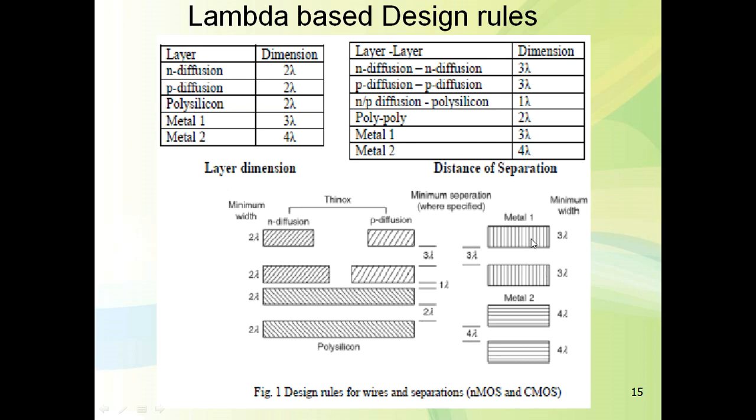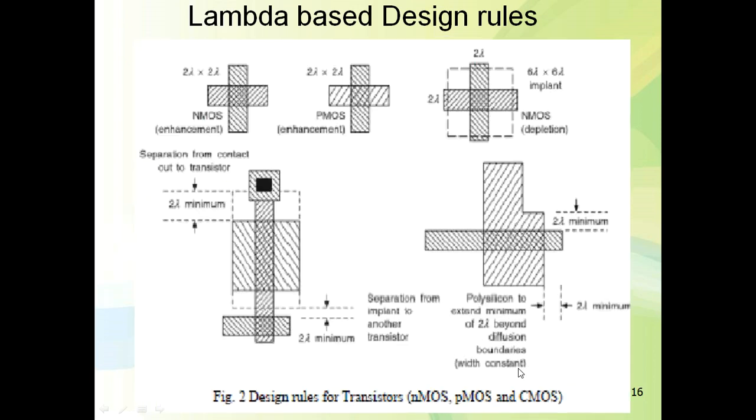Now the minimum width of metal 1 is 3 lambda. Metal 1 is indicated by the vertical lines and metal 2 by the horizontal lines. So the distance between two metal 1s is 3 lambda, and between two metal 2s is 4 lambda. Then we will see some more design rules related to the transistor.